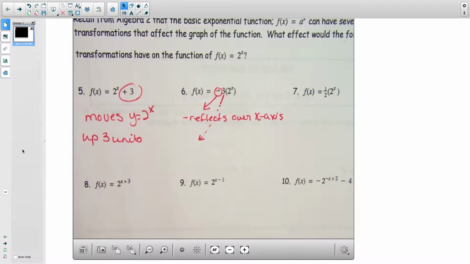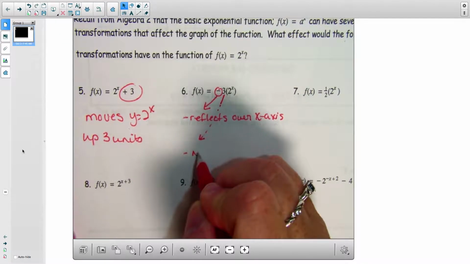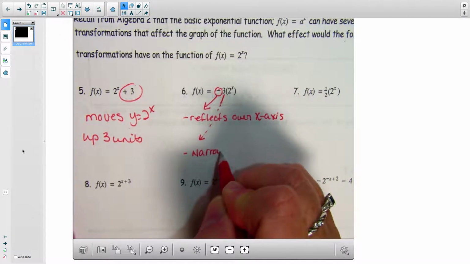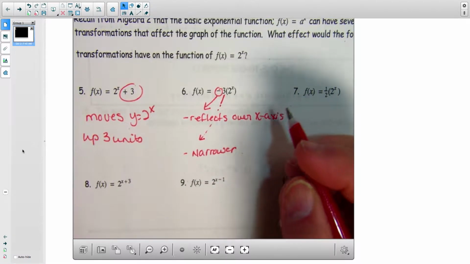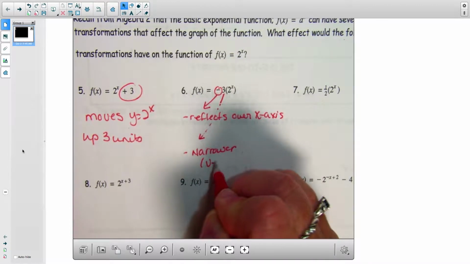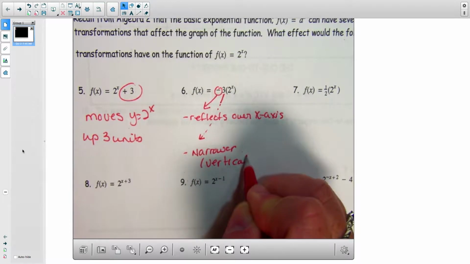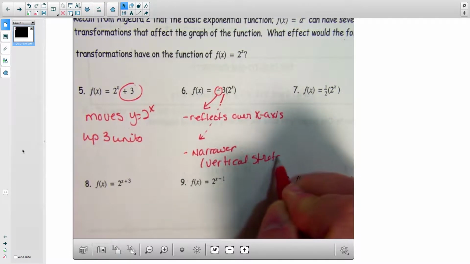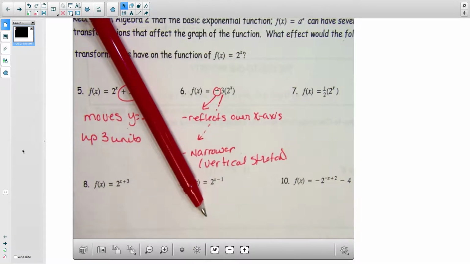It's going to make it grow faster. So it's going to be narrower, or it's a vertical stretch, I mean. Think about it, I have that balloon, and I grab a hold of the balloon and I stretch it vertically, it makes it narrower.